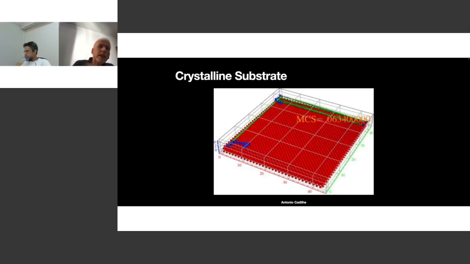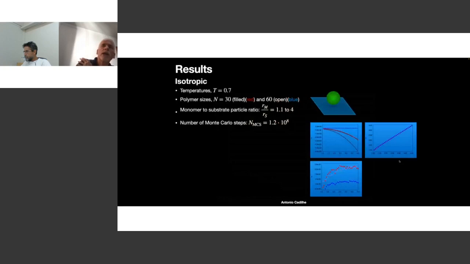Every time a monomer gets out from one side, it re-enters from the other, and sometimes multiple monomers are doing that simultaneously. So this is one case that I did by the time and showed that they are pretty mobile, moving all the time on the substrate without ever evaporating from it.